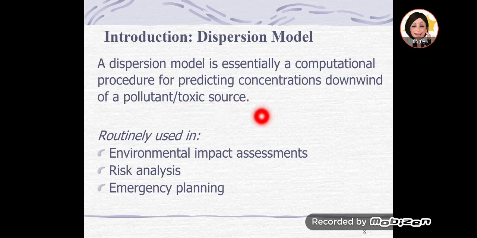So we have a toxic source at one point, then how far can the toxic material spread downwind, I mean along the wind direction, to the surrounding. So that is the dispersion model. You will want to know the impact at the point as well as the surrounding. Dispersion models are usually used in environmental impact assessment, risk analysis and emergency planning.